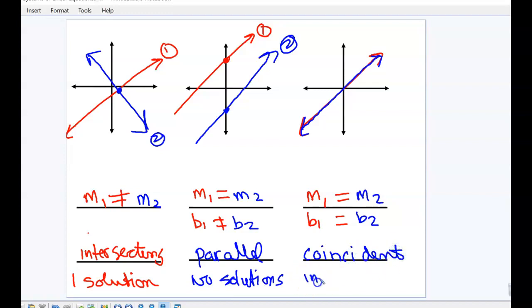And these ones have an infinite number of solutions because the lines are touching in an infinite number of places. So we're going to reference these three graphs as we move forward throughout this lesson.